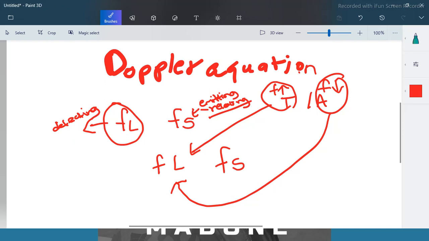So let's see how we're going to use this to plot in our Doppler equation. What is the relationship between this and this? If they tell you that a car is moving in that direction, and you're standing on the bench here and it's approaching you, you know automatically that the frequency you're going to detect is going to be much higher. Therefore, the frequency that you're detecting is positive.